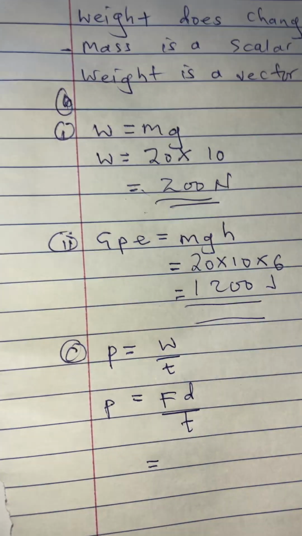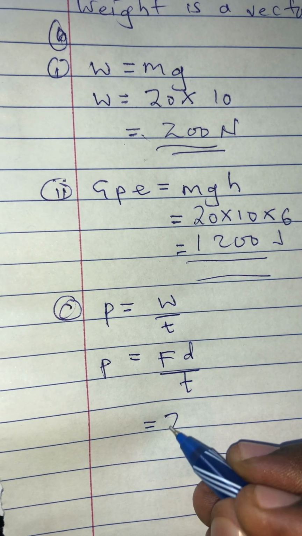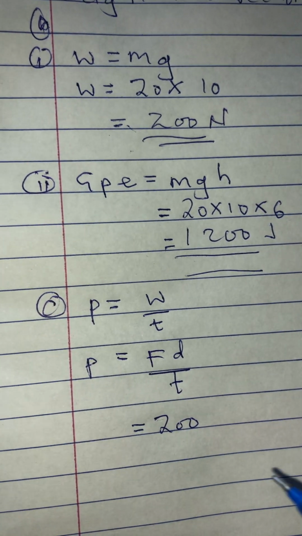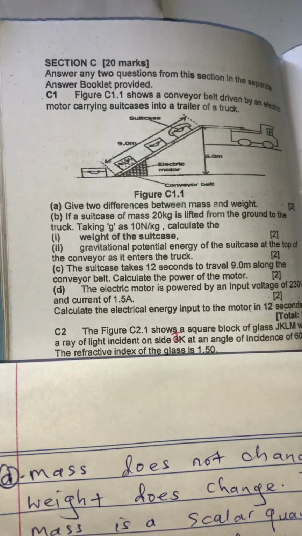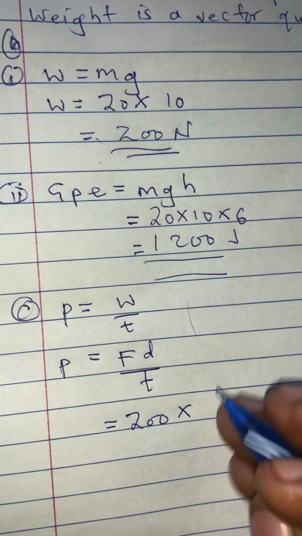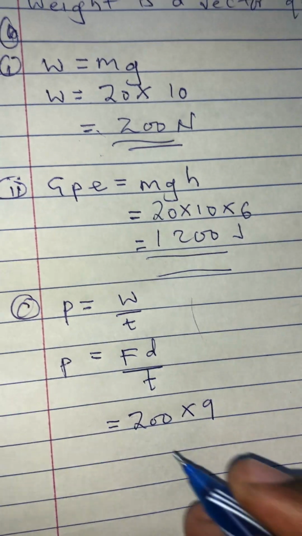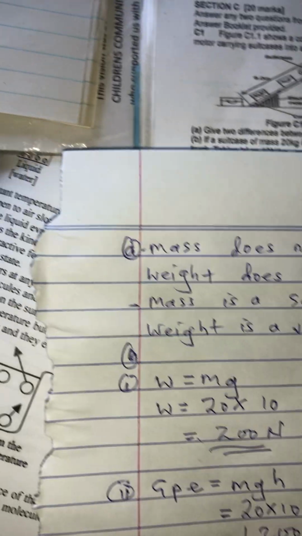So where there is F, that is the force, we are going to put 200 newtons multiplied by how much is the distance. They're saying this suitcase traveled 9 meters, so we're going to say 9 here, divide by time. How much is our time? Our time is 12 seconds.